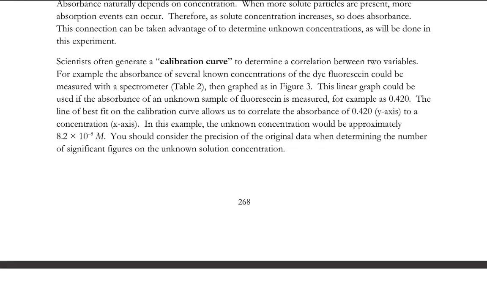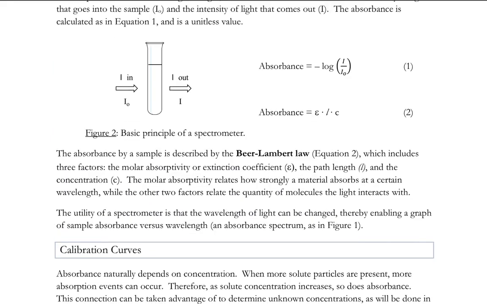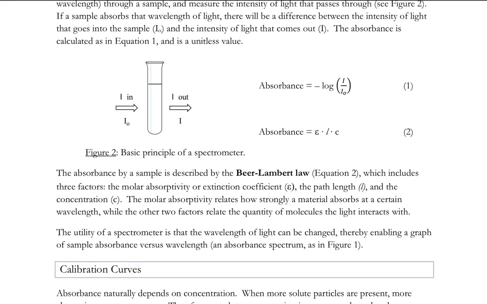And absorbance is an equation which is equal to negative log of I over I naught. Now, what is everything here? So at a given wavelength, we have a certain intensity called I naught going in.